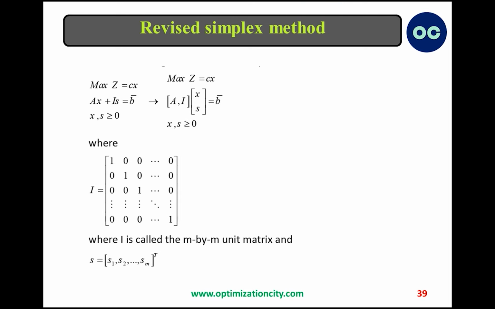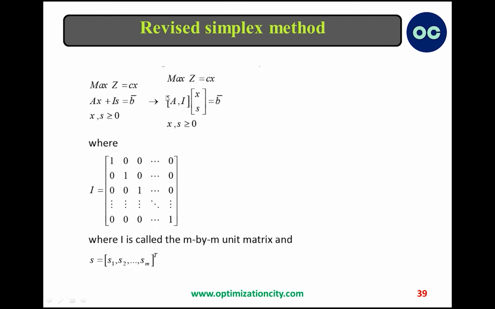In the case of adding a slack variable, the problem becomes as follows. So we have s as a slack variable vector including s1 to sm, where m is the number of constraints. So A comma I is a matrix where all entries are zero except the diagonal, which is equal to 1.